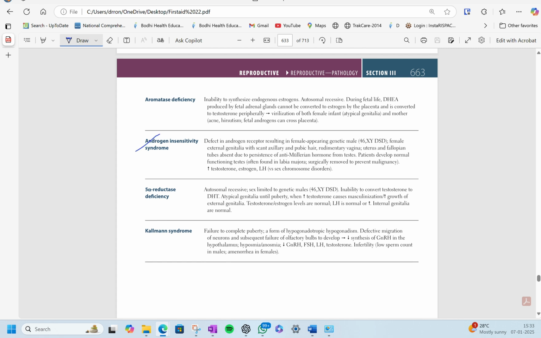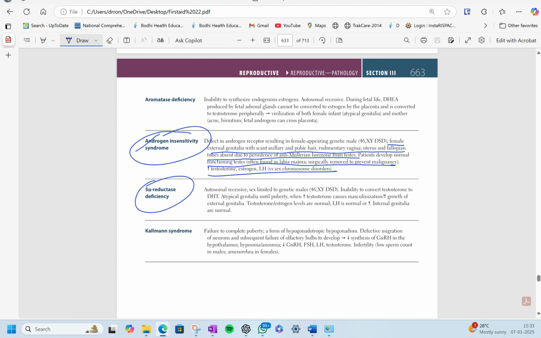Androgen insensitivity: the androgen receptor is missing. There is female external genitalia, but the uterus and fallopian tube are absent because there is a testis, and they will have a testis. 5 alpha reductase deficiency: you will have a male with atypical genitalia.